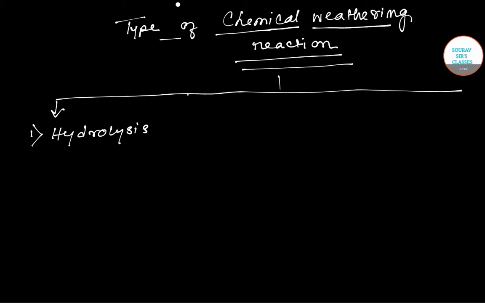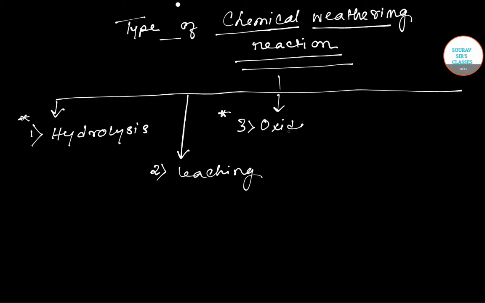I will give the definitions later. Before that, I am just making a classification like a flowchart. The second is leaching. The third is oxidation. These are very important points for chemical weathering.